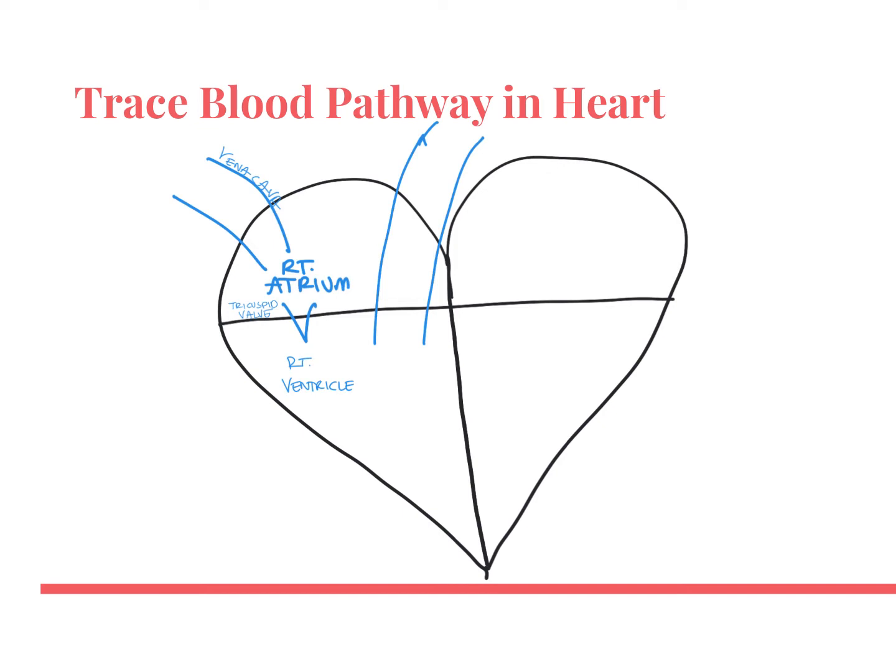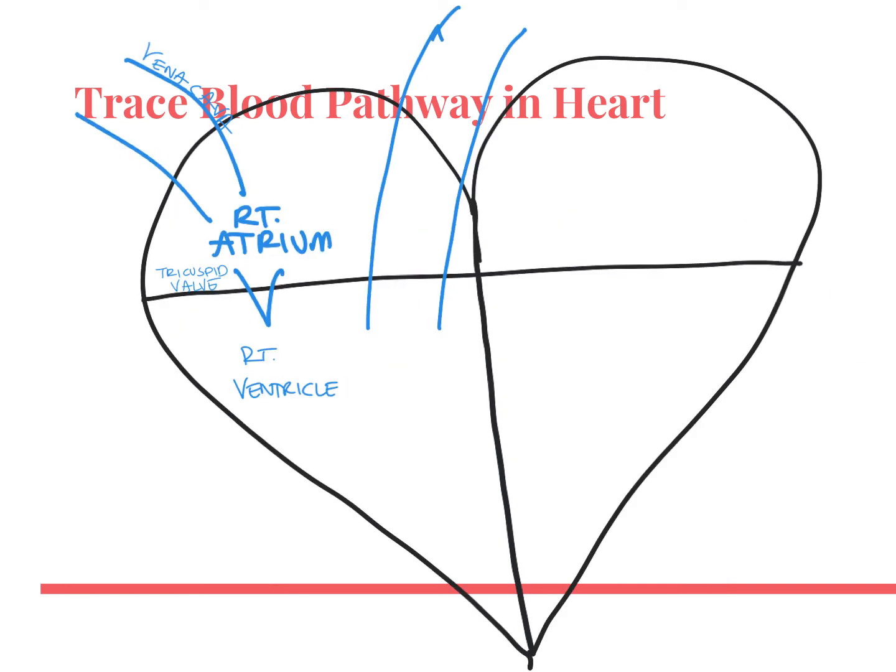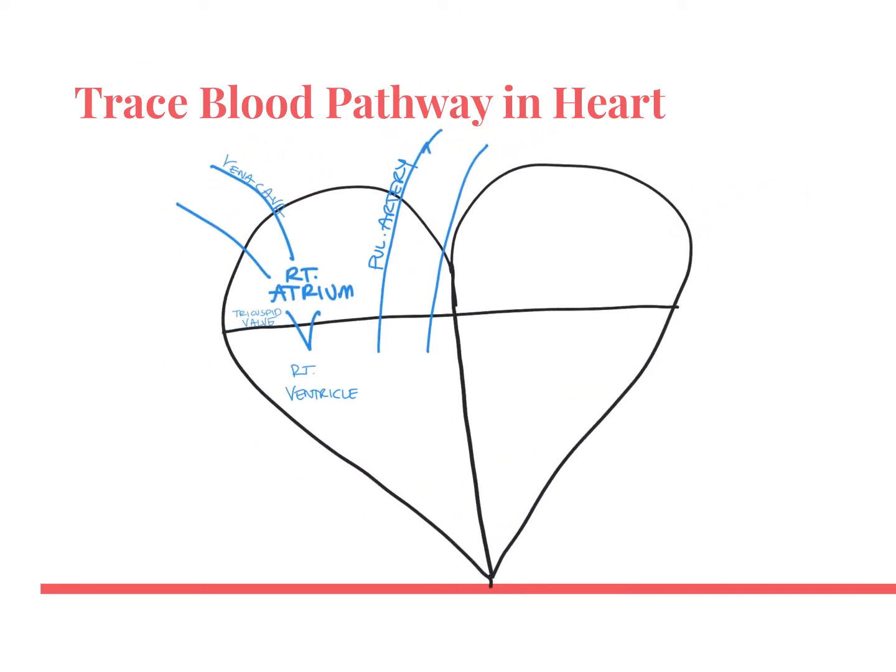All right, so let's label that the pulmonary artery. I'm just going to abbreviate it. And then let's draw the valve inside there. Again, I'm just going to draw it in a V, but I'm going to switch the direction.